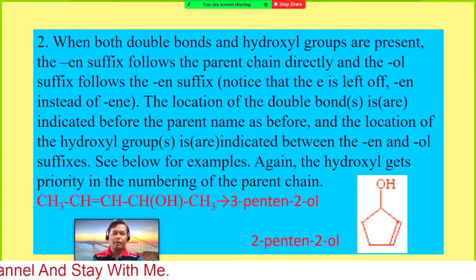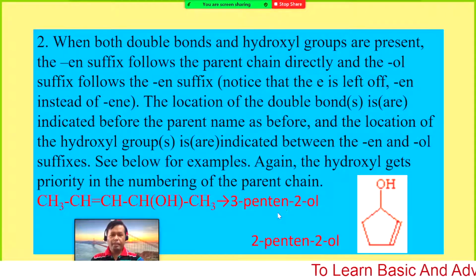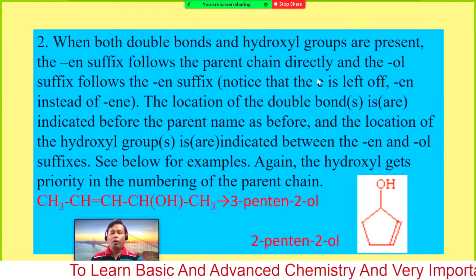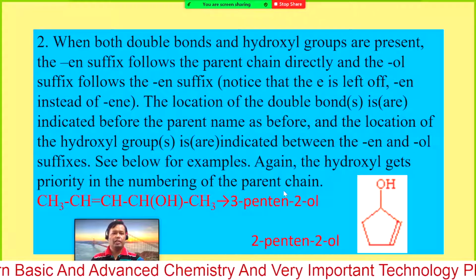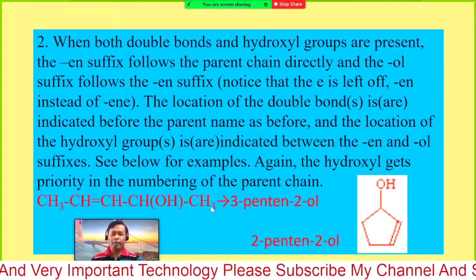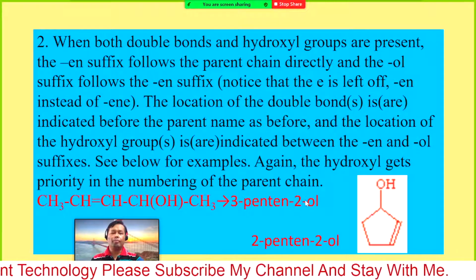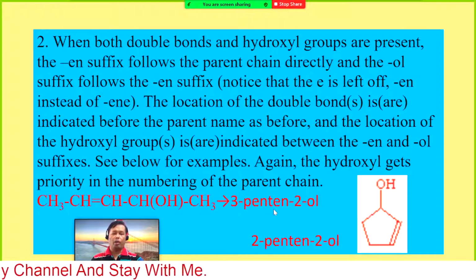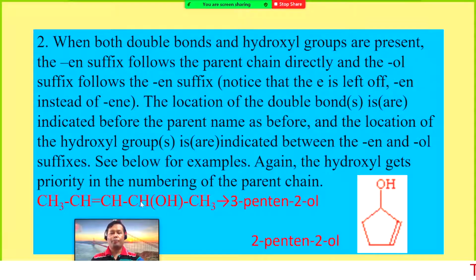So exactly in a similar way, pentene 2-ol: you mention the en after the parent name, then the position of the hydroxyl group, and the ol suffix follows the en suffix. If the OH is at the number 1 position, you don't need to mention the number and can directly write pentenol. But here we have the hydroxyl group on the 2nd carbon, therefore we must mention its position also.